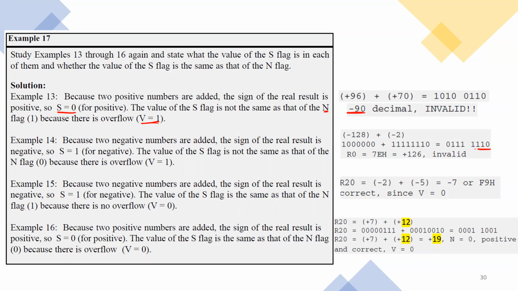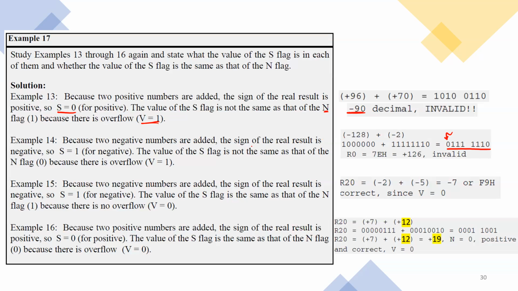However, we have negative numbers. Why is it positive? Because the last bit is active low. So it's invalid. How can we figure out that it's invalid? This can be checked by means of S, because here N equals 0, and because we have overflow in the calculations in D6, so V was 1.